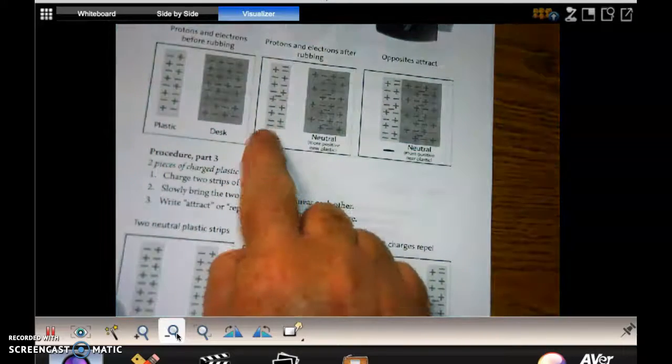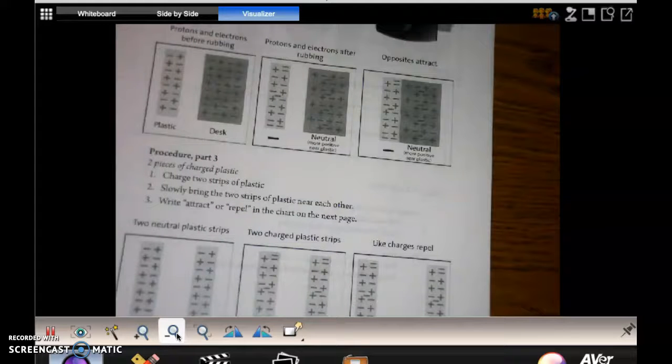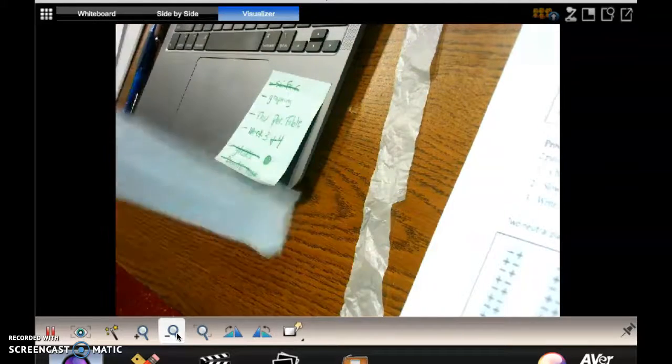And again, it's very similar to the last one. The desk is neutral, but we're lining up the negative charges, so there's still a pull because they're still a little bit opposite. Now, procedure 3, we're going to do it to both strips of plastic, and we're going to see what happens now. So, let's see how we're going to arrange this. So we're going to charge up this one.